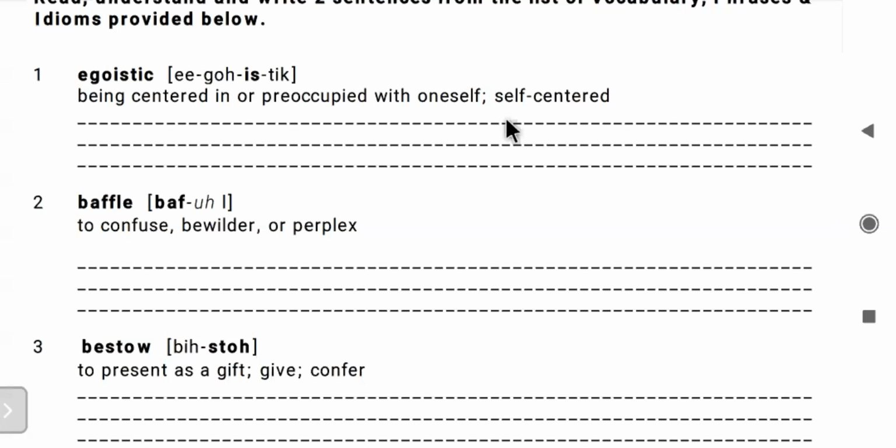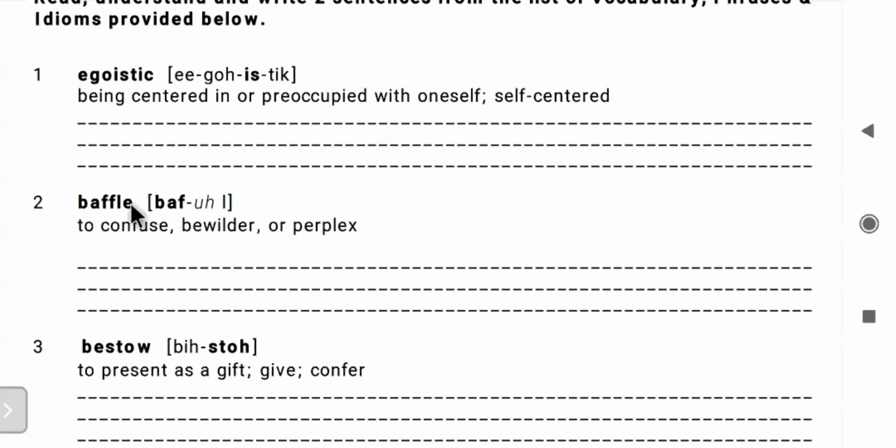So one more. Let's do this one. Baffle. Yeah, baffle. Okay, there's a double F, so you can go loud and clear on it. Baffle. Yeah. What does it mean? Confuse, bewilder, or perplex.